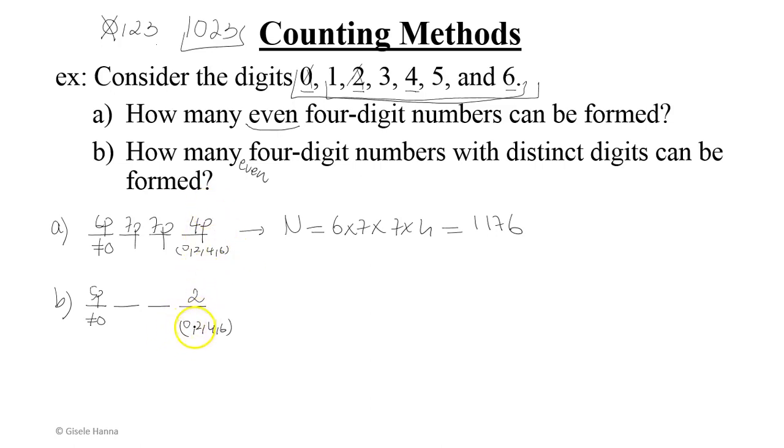However, since 0 is in this list of possible digits for the last one, suppose I chose 0 for the last digit. In that case, since I've already chosen 0 here and repetition is not allowed, I would no longer have the problem of ending up with a 0 as the first digit.